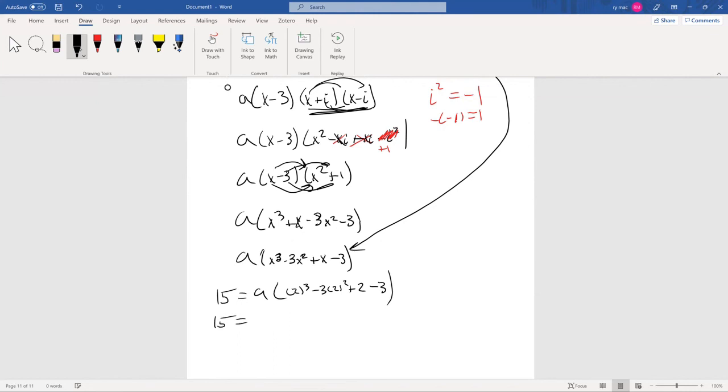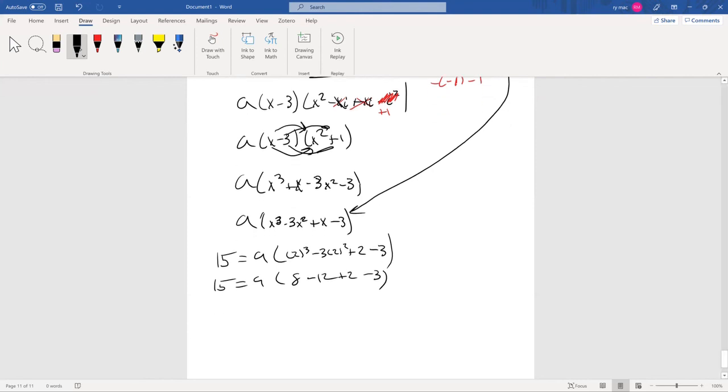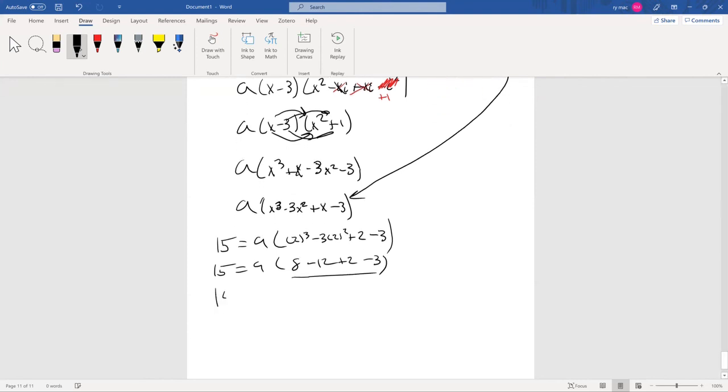So just doing some of the math, 2 cubed is 8. 2 squared is 4, times -3 is -12, plus 2 minus 3. So this ends up adding up to -5. So we get 15 is equal to a times -5.